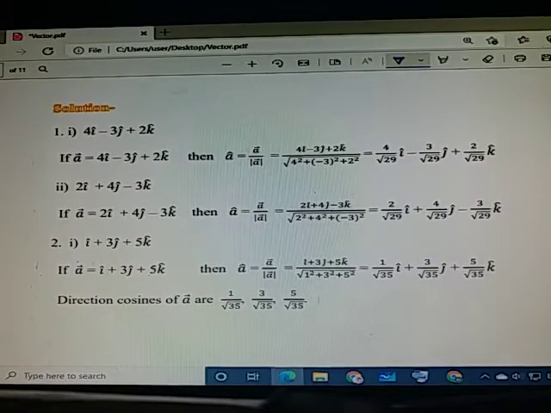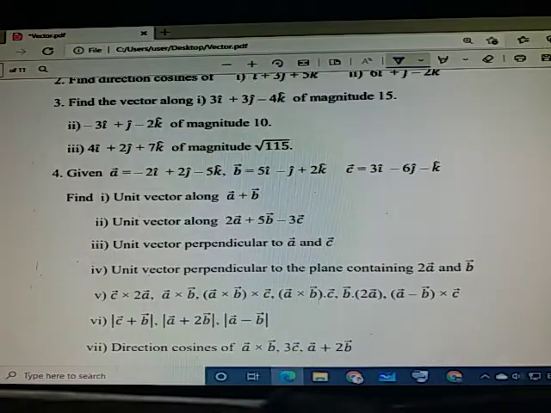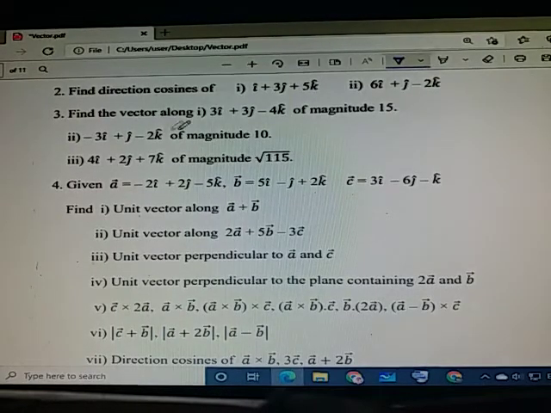Number 3. Find a vector of magnitude 15 in this direction. Suppose this is the vector 3i plus 3j minus 4k. Then its magnitude may not be 15.